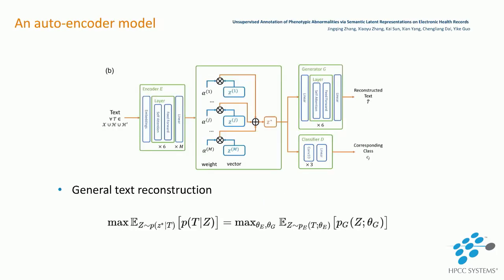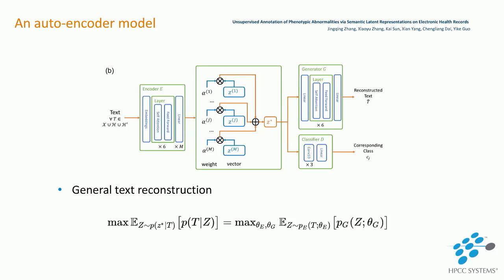Therefore, we propose this pipeline learning framework. We have the textual data on the left-hand side as the input inside the encoder, and then we get the semantic representation in the middle, which is basically the weights and vectors I mentioned in the last slide, and then the weighted composition with the Z star. We have another generator to reconstruct the text, and also we have a classifier. The first thing we need to make sure is that the Z star in the middle can well represent the semantics of the textual data we have on the left-hand side.